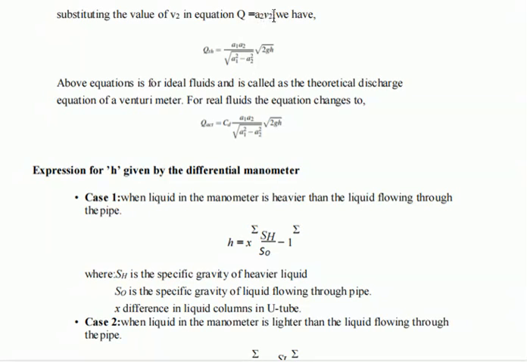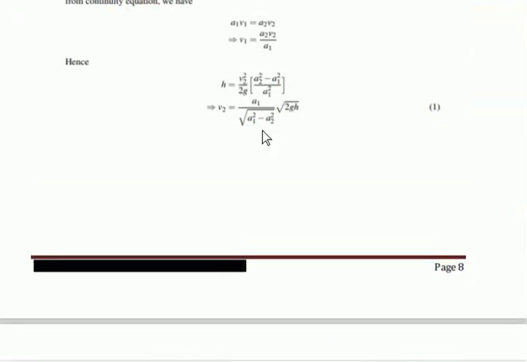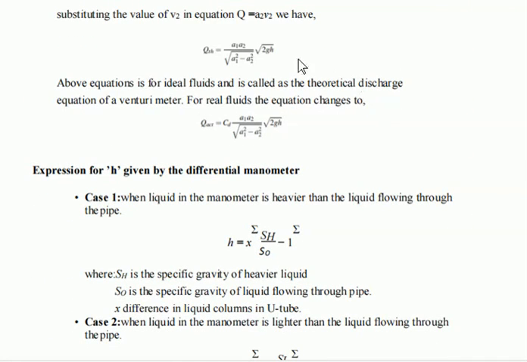Substituting that value, we get Q theoretical is equal to A1 A2 into root of 2gh divided by root of A1 square minus A2 square.